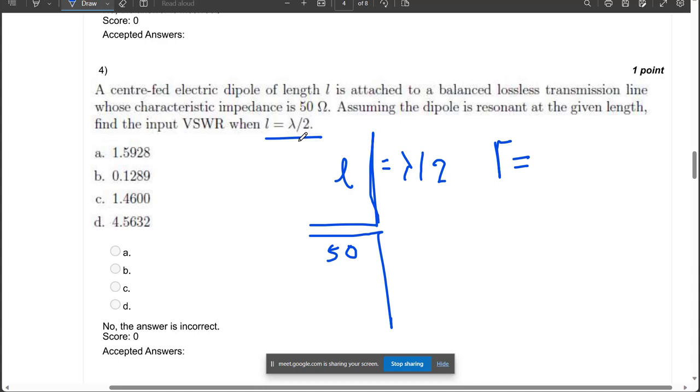So here, if the dipole is resonant, it means that it won't have any imaginary component, it will have only a real component.